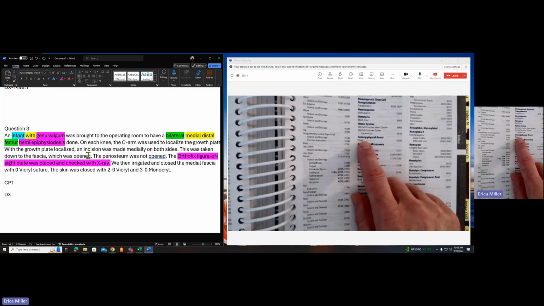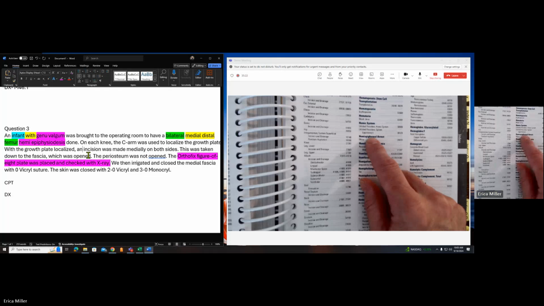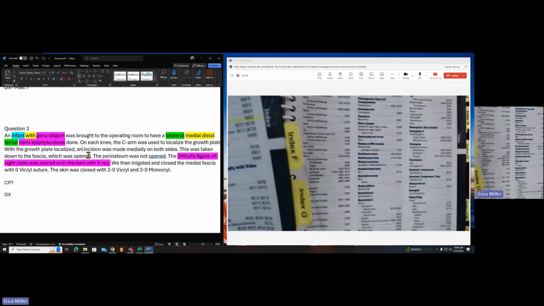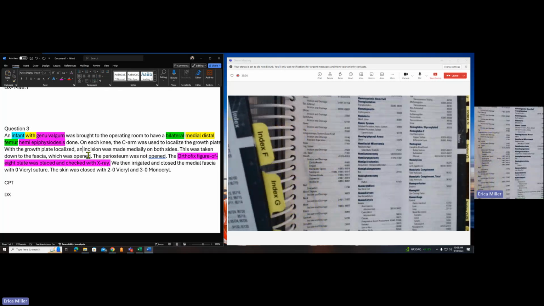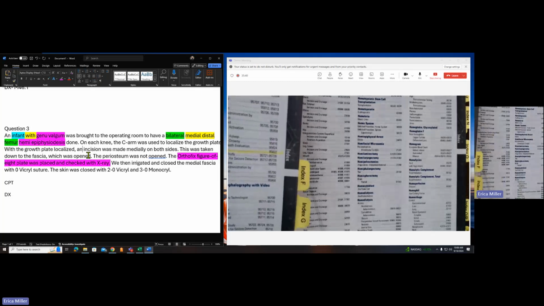I did see hemiepiphyseal arrest, but it was for the elbow, and in our scenario they talk about the femur. So I'm not 100%, and this is not the right anatomic site. So I thought, what if I remove the word hemi out of the equation and just focus on the word epiphysiodesis and start from there?